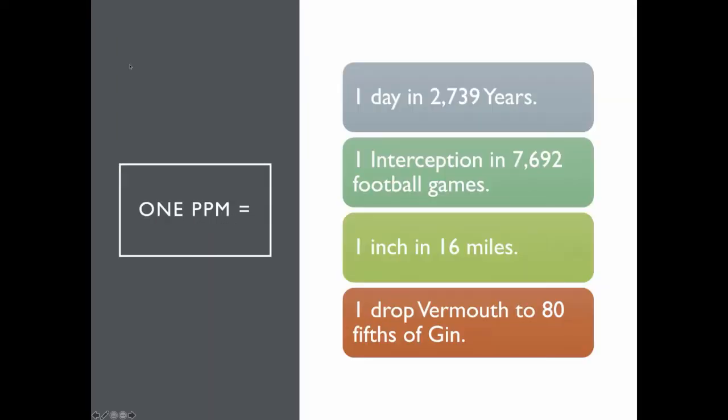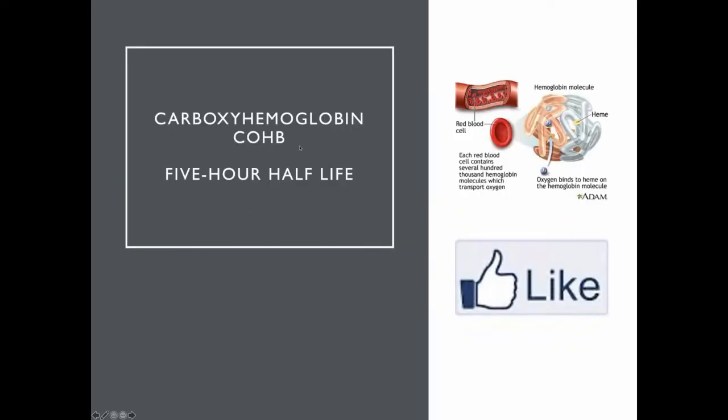Now, just to show you how small a part per million is, and that's what we're measuring when we're looking at carbon monoxide: 1 part per million is 1 day in 2,700 years, or 1 inch in 16 miles. And for those of us that have been stuck at home and like the vermouth, 1 drop of vermouth to 80 fifths of gin.